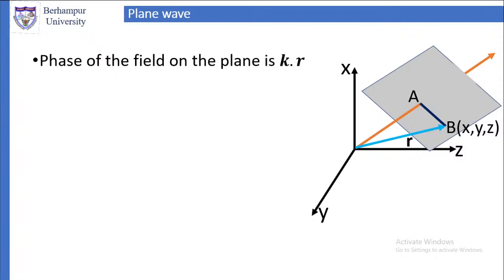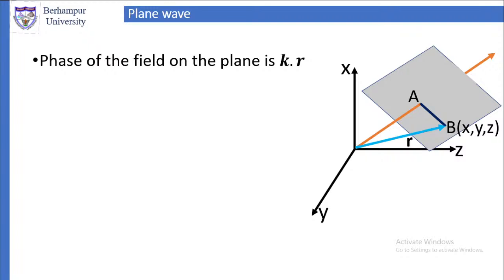The phase is equal to k dot r. K is a vector called the wave vector, and r is the position vector. Position vector means take any point on the plane; then the position vector of that point is r.